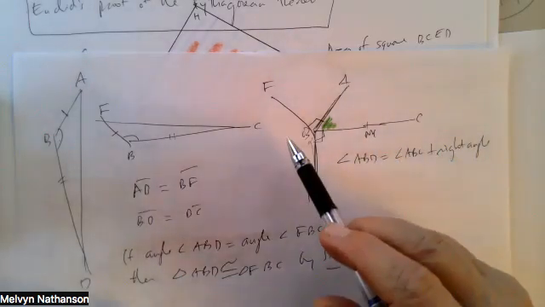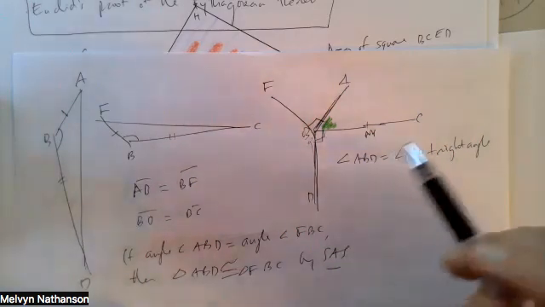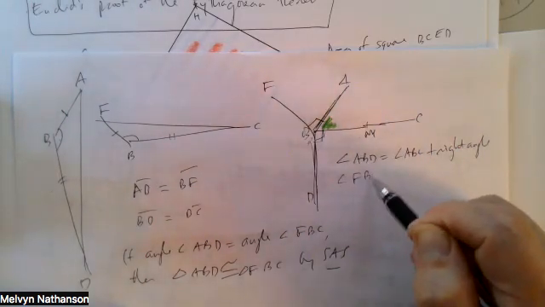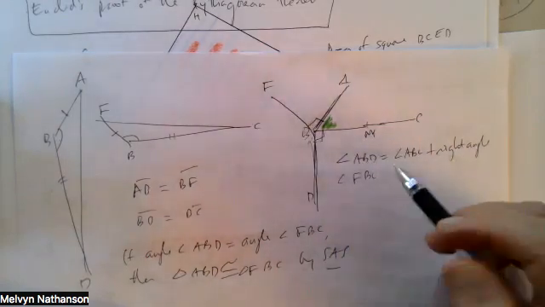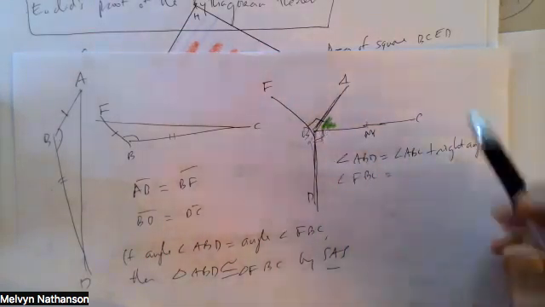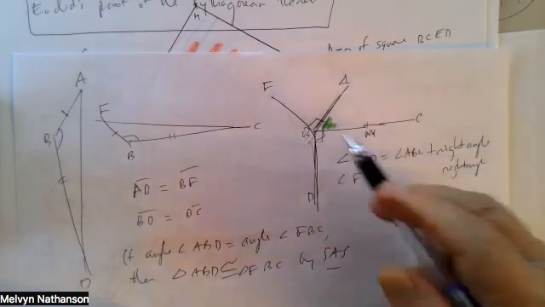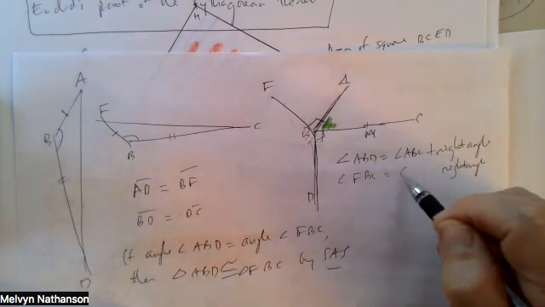And the other angle I'm interested in, which is angle FBC, that's this angle. That's equal to a right angle, plus the green angle.